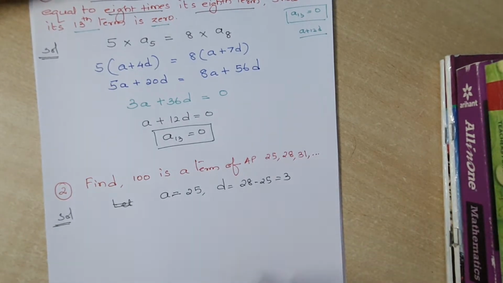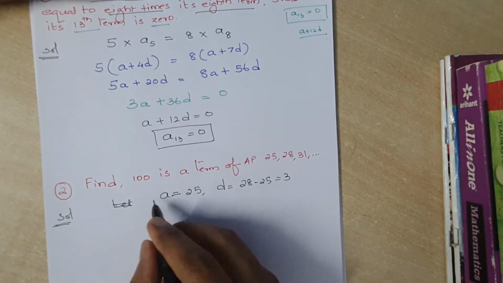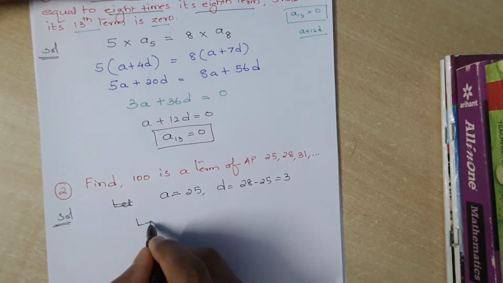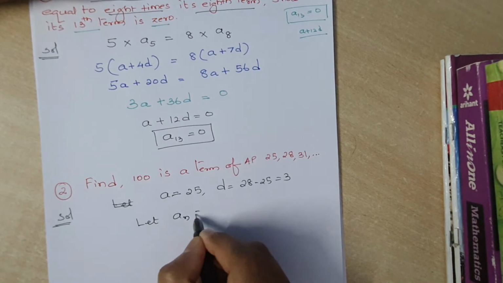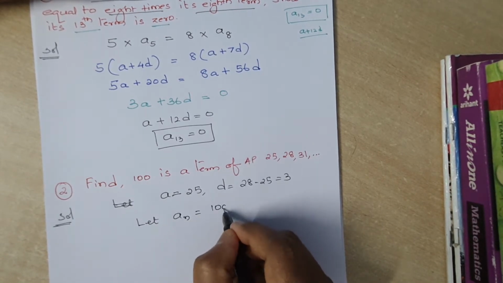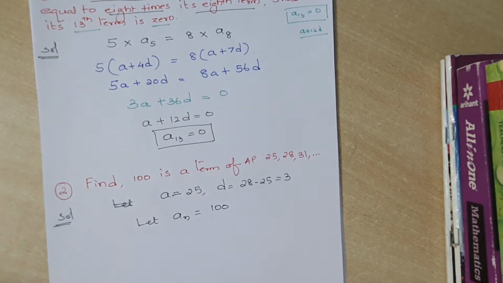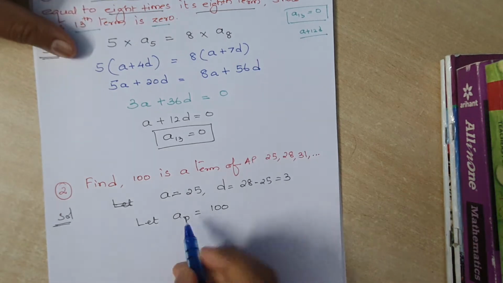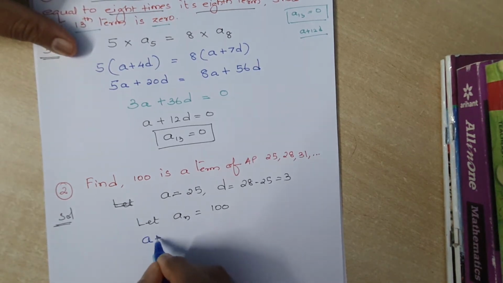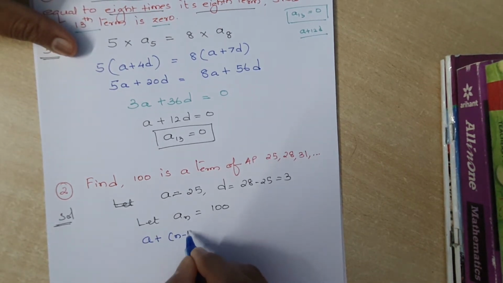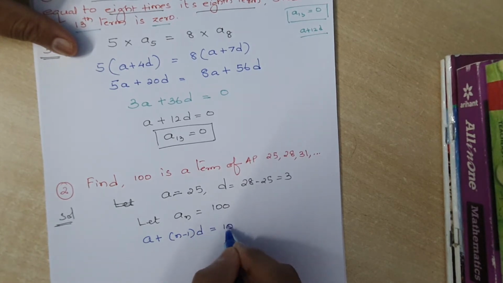Now, let An be equal to 100, and we can open the formula. Which formula? The An formula. What is An? A plus (n minus 1) into D is equal to 100.